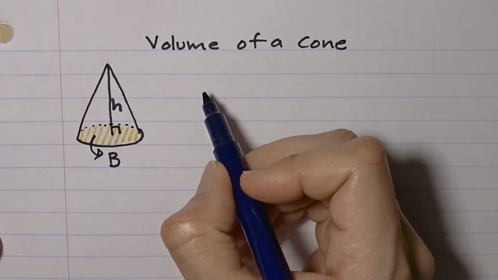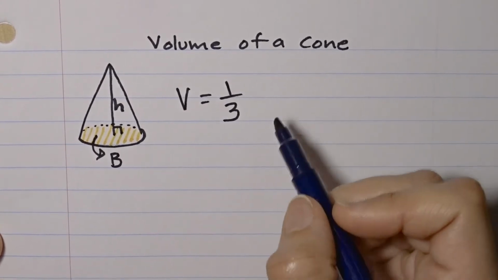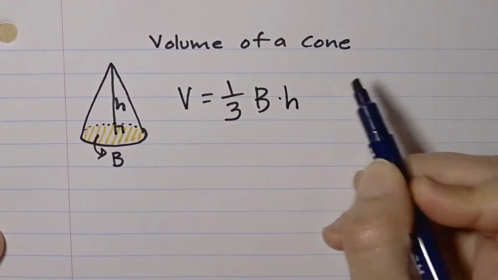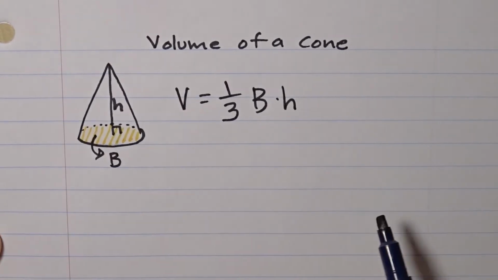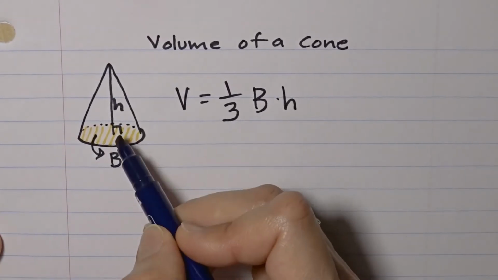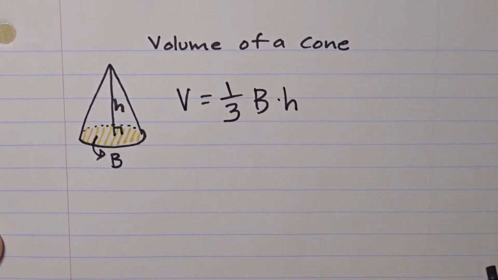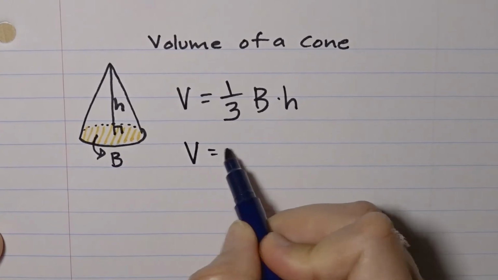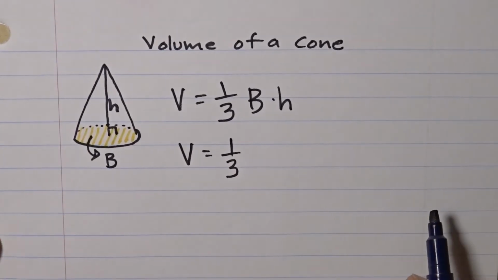So the general rule would have been 1/3 of the base times height. Because remember, base times height alone would have been that entire cylinder that it would have fit into. But now since we only want the cone, not the entire cylinder, we do 1/3 of what that cylinder would have been. So volume equals 1/3, and we're thinking of that cylinder that it would have fit into.